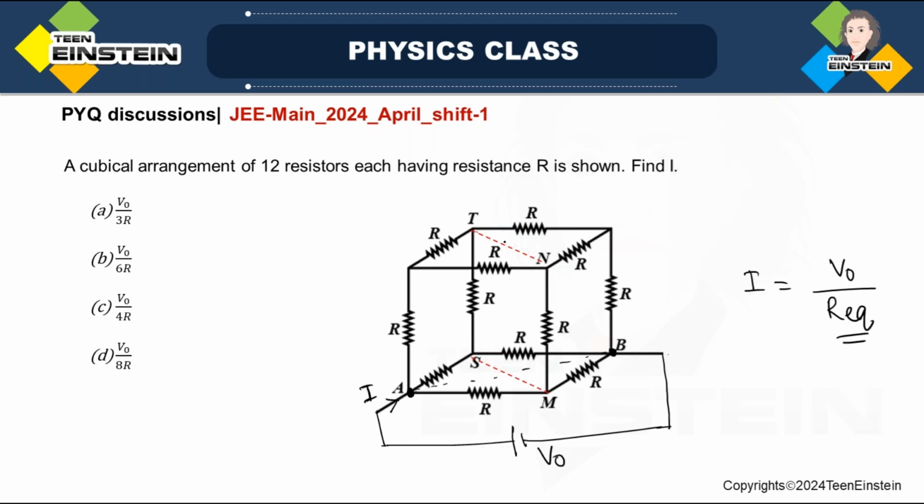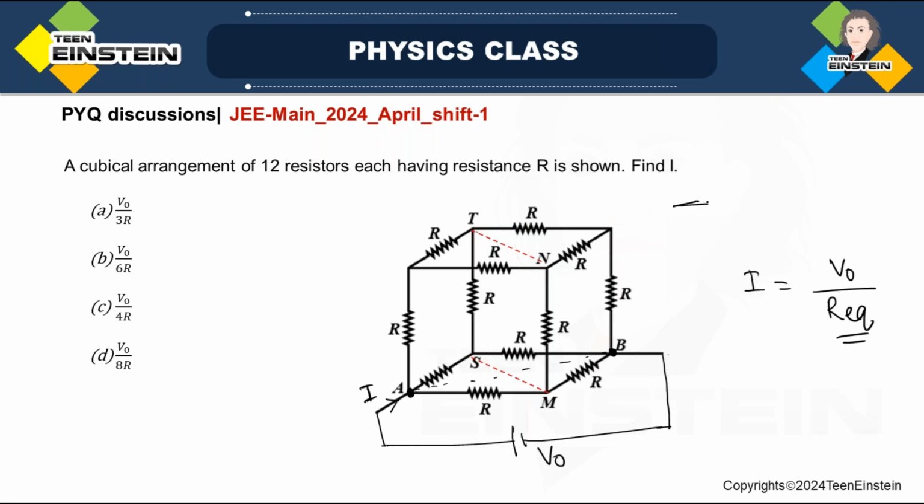And through this perpendicular line or plane, whatever you say, the resistances will not have any effect. That means what? That means, if I just show you a simple circuit over here.